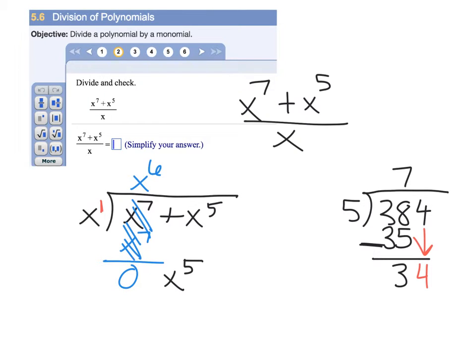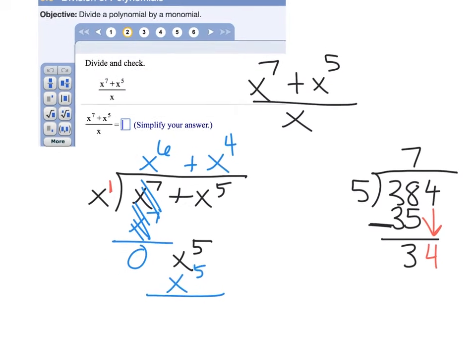And now we're going to say, well, what do I need to multiply x to the first by in order to get x to the 5th? Well, I'm going to multiply by x to the 4th, because x to the 4th times x to the 1st gives me x to the 5th. All right?